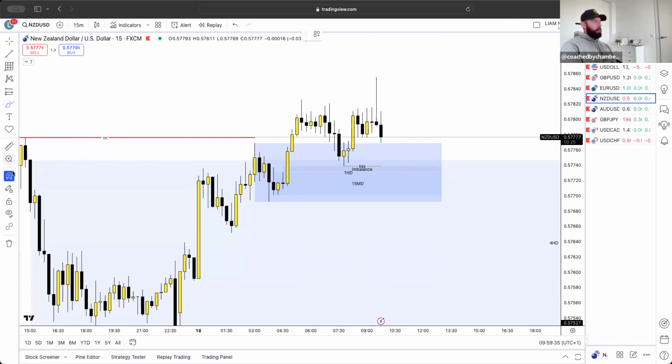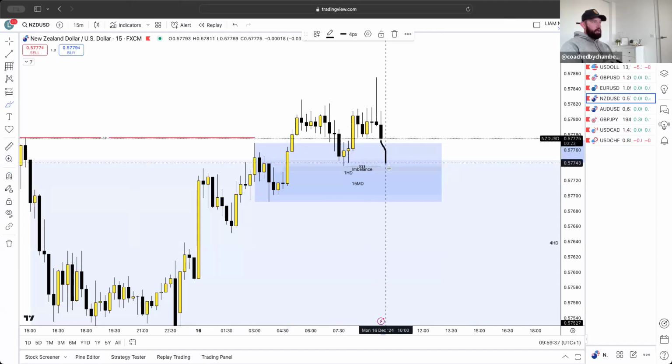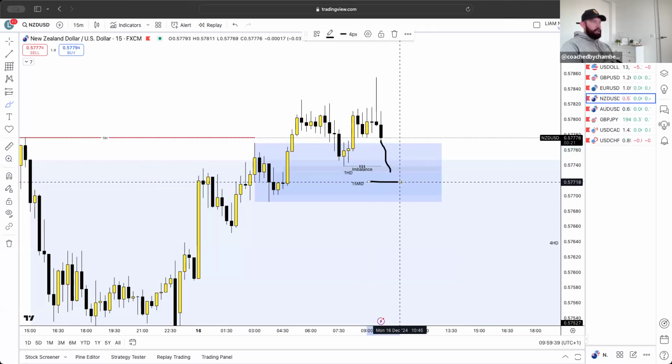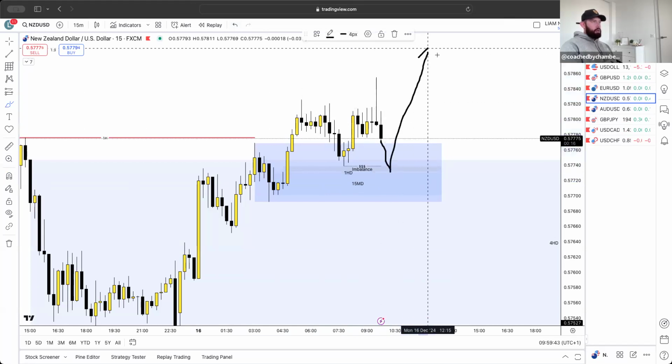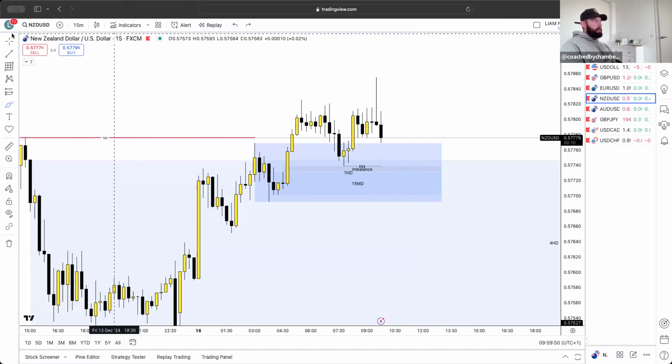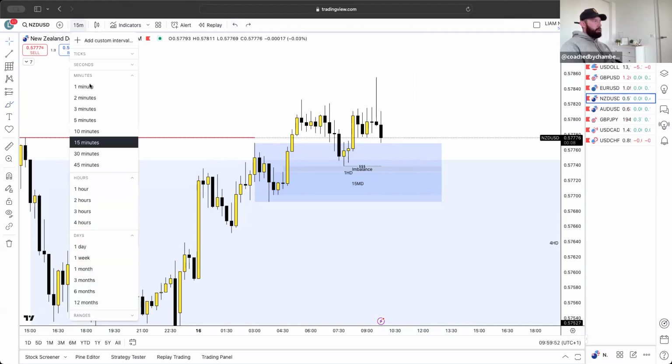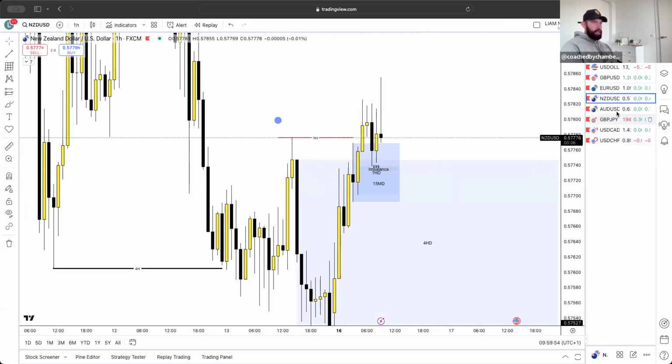If the dollar is doing what we need it to do, could we have this come back down, tap into this 15-minute demand area, and then could we have the movement off that we want to see? So that is what I've been looking out for going into New York. First thought, play what you can see. So for NU, that is what I'm currently looking out for as we speak.